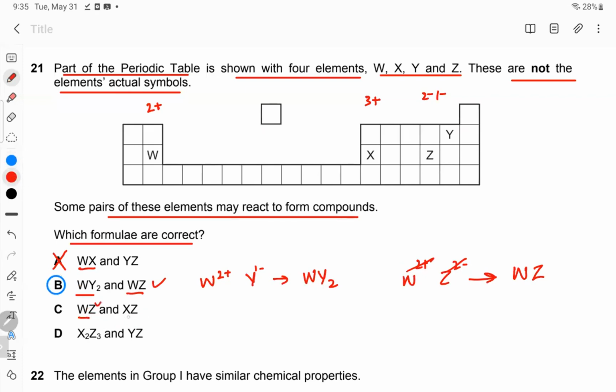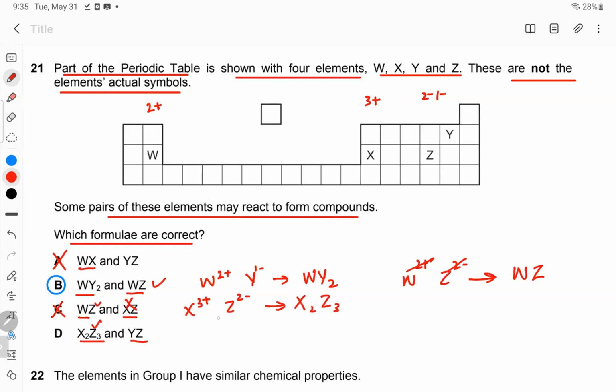But if we talk about X and Z, X has a 3 plus charge, Z has a 2 minus charge. So the formula will be, sorry, X2Z3. So this is wrong, which makes C wrong. So X and Z will form a formula of X2Z3. So it is correct.